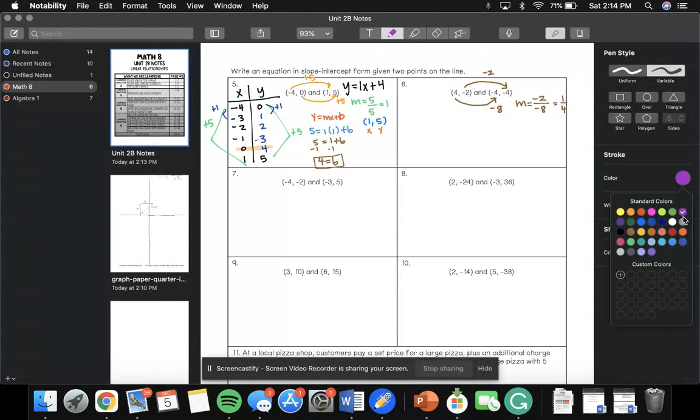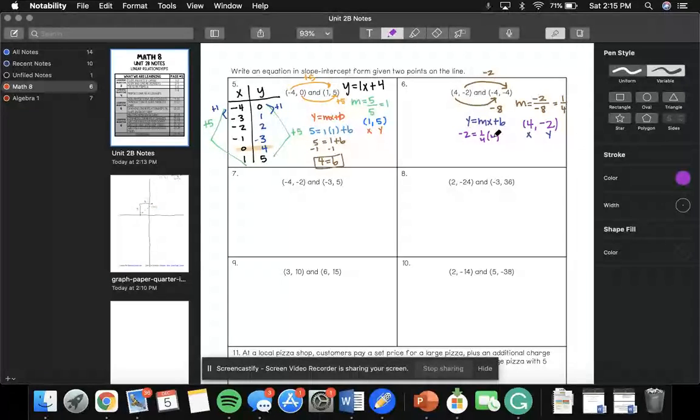Okay. I'm going to pick either one of my ordered pairs. It doesn't technically matter. I'm going to pick (4, -2). So my x-coordinate is 4, my y-coordinate is -2. Okay, so then I'm going to substitute in those values. My y-coordinate is -2, my slope is 1/4, my x-coordinate is 4.